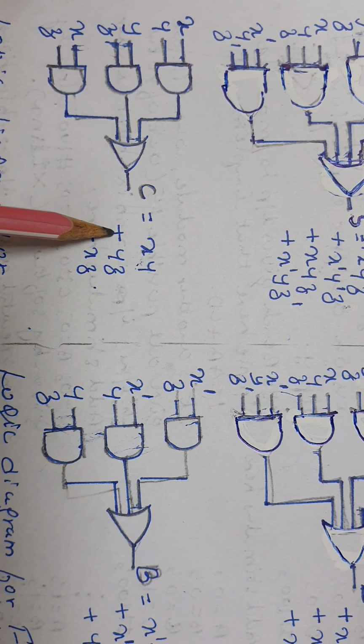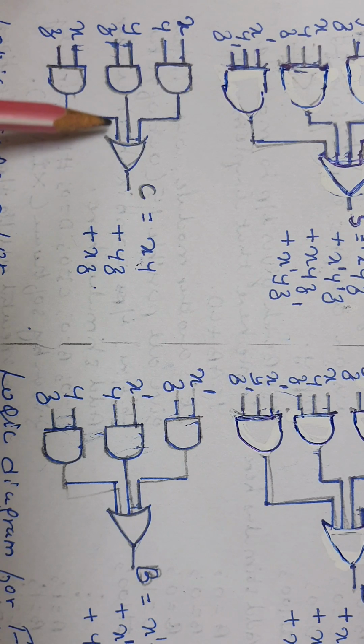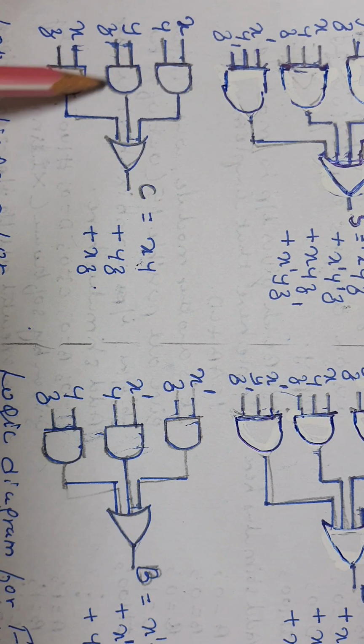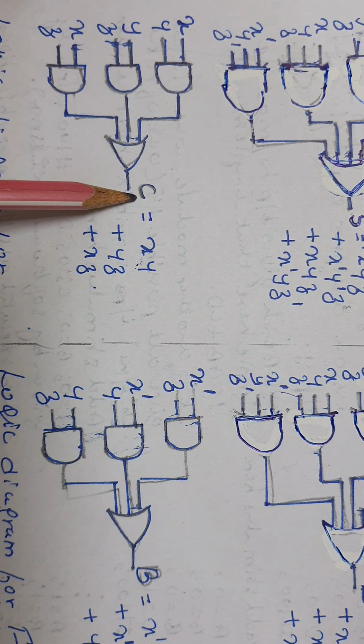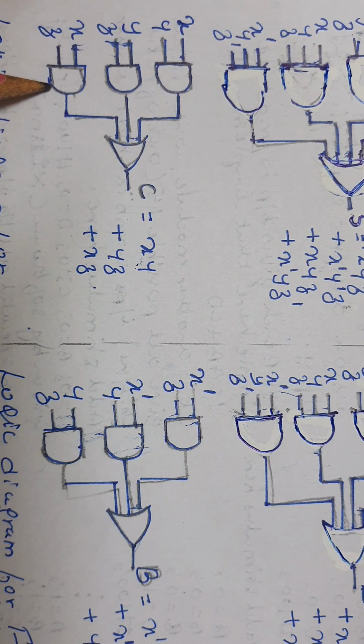All three are logically ORed. Hence three 2 input AND gates and one 3 input OR gate are required to implement the carry bit C for the full adder. So this is the logic diagram for the full adder carry bit C.